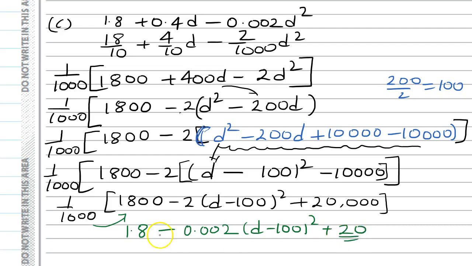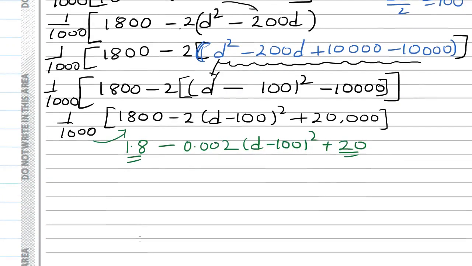Plus 20 and 1.8, if you add them, it will be 21.8. So it will be 21.8 minus 0.002 d minus 100 square.